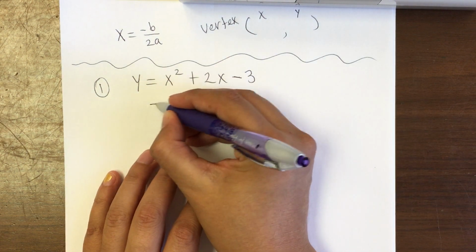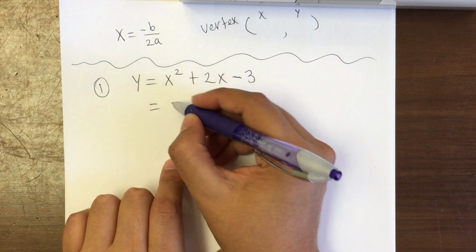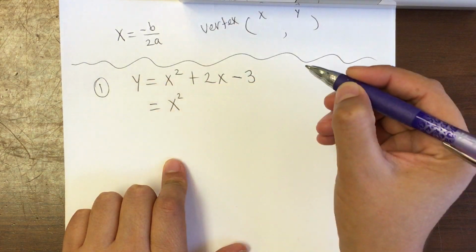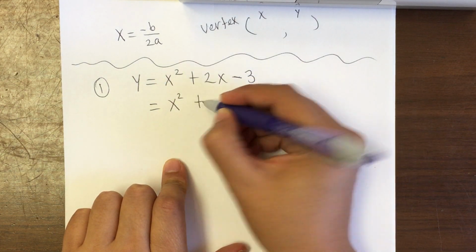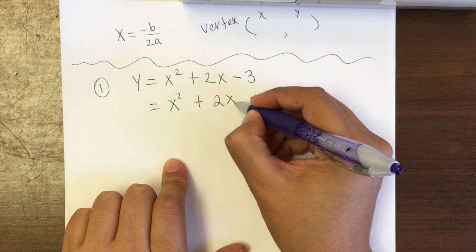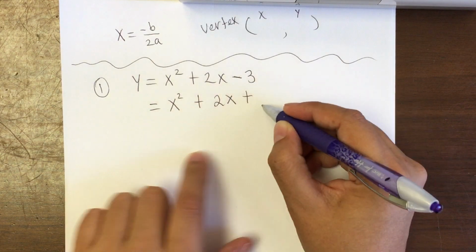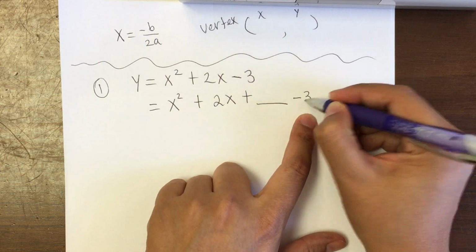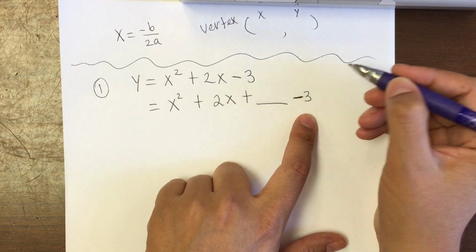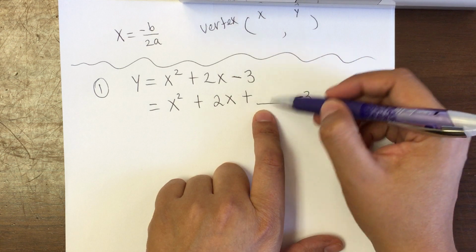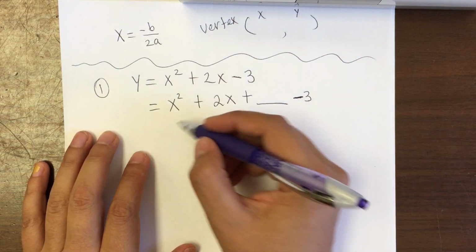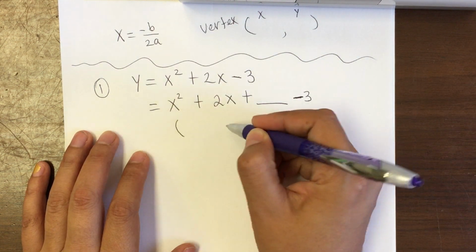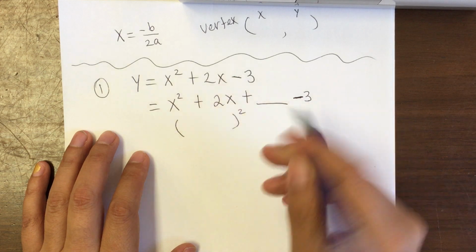So that means that on this side of the equation, I put x squared plus 2x plus something, and then we bring down the negative 3. That something, we get it by doing this in here.